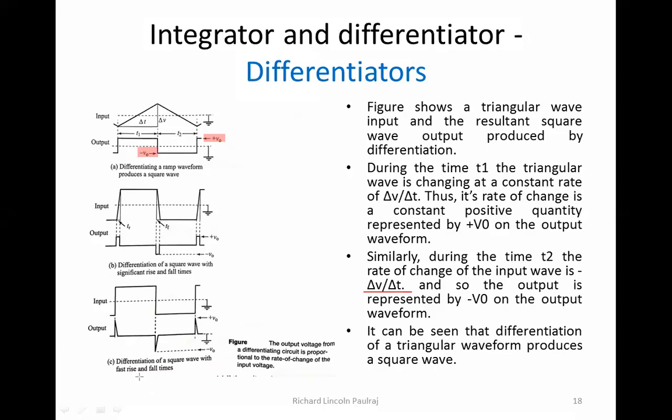So next, differentiation of a square wave with fast rise and fall times. So if I have a square wave, I am going to get this kind of spike kind of waveform. So triangular gives me square.